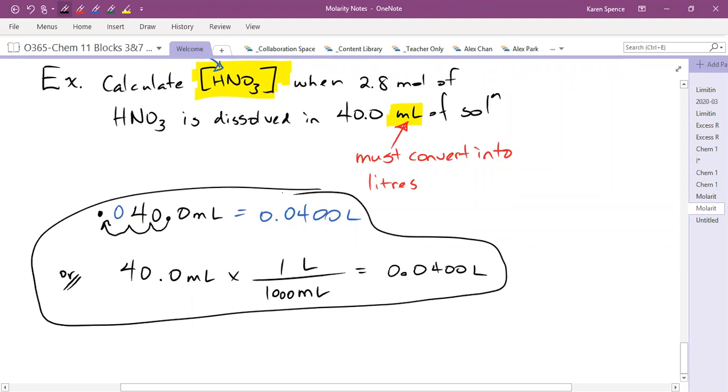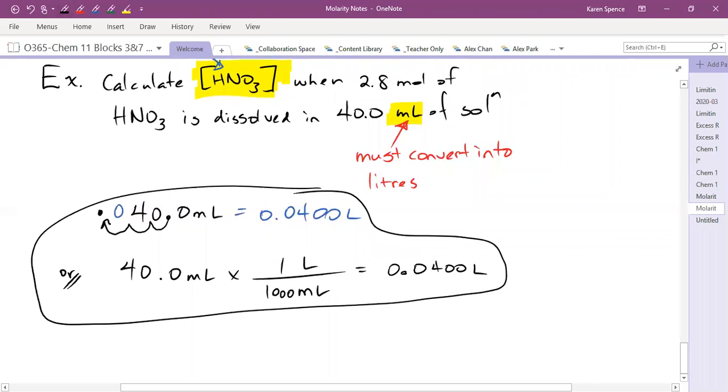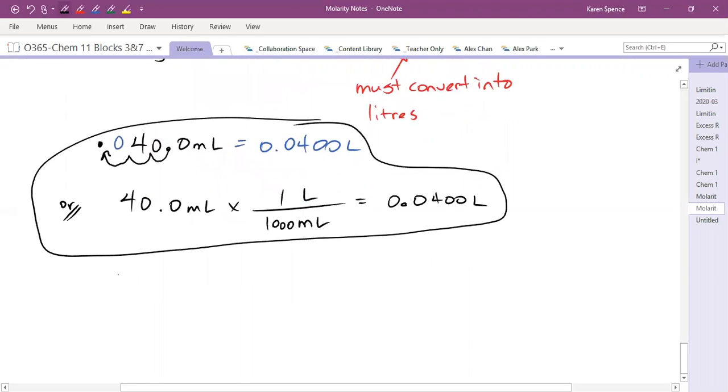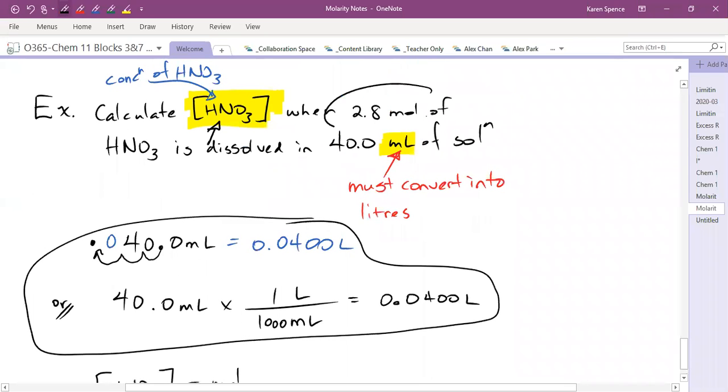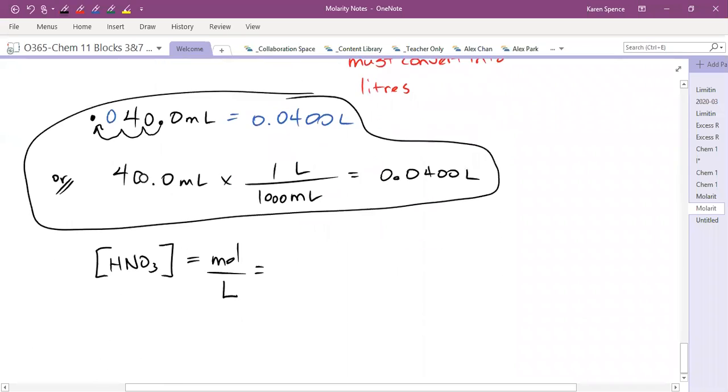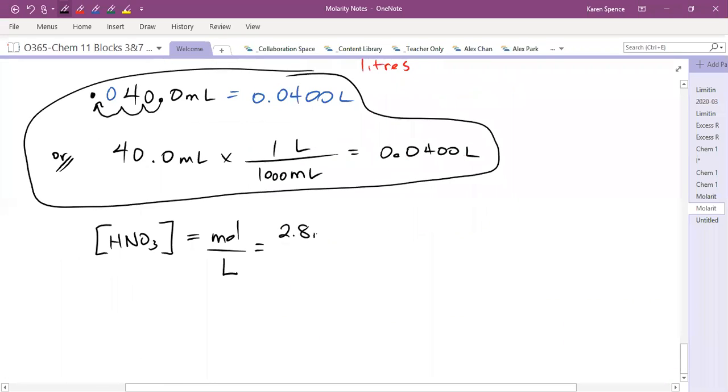And now we can find what the question was asking for, which is the concentration of HNO3. So our concentration of HNO3, in square brackets, is the moles over the liters. We were given 2.8 moles, and we found the number of liters, 0.0400 liters.